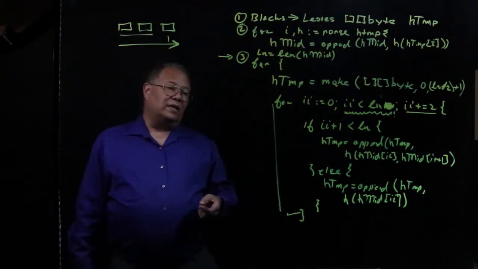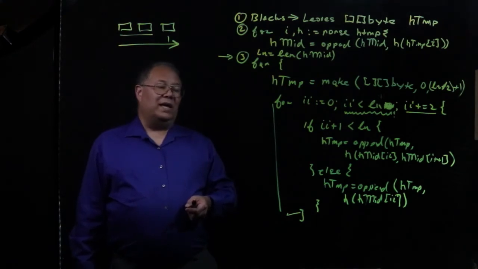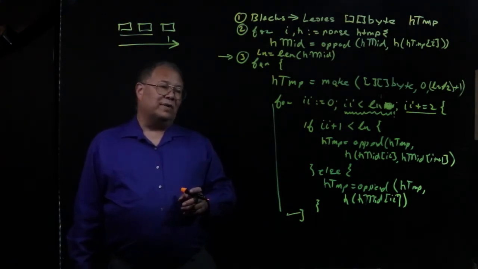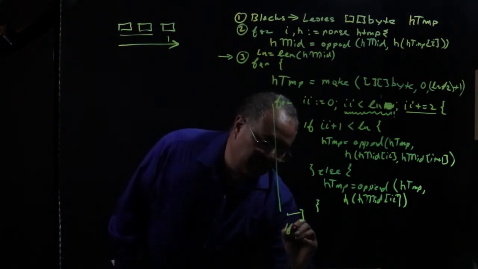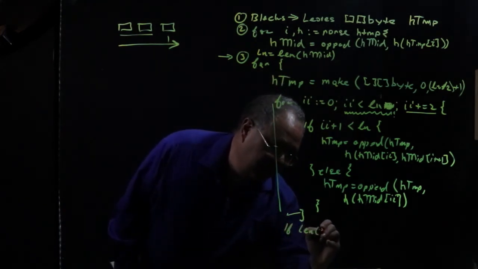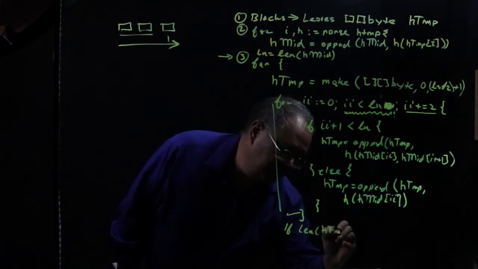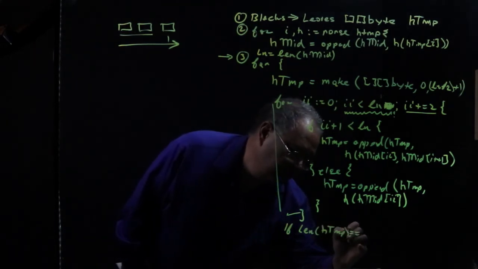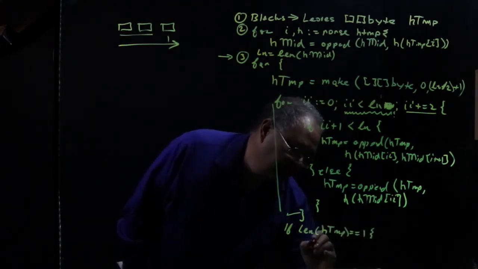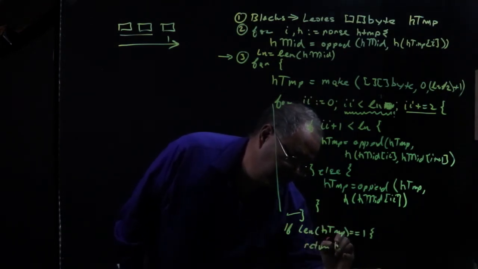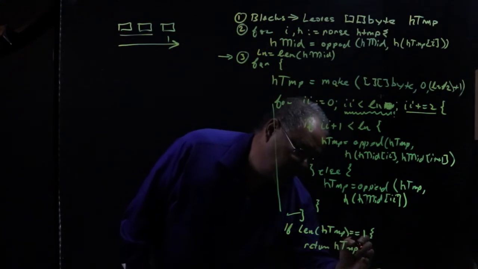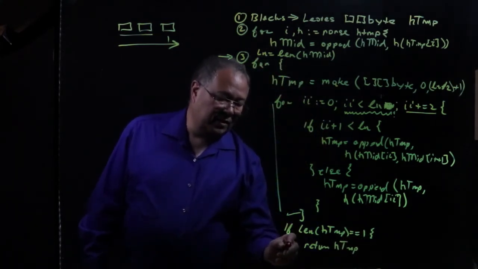Now, at this point, if we come out of the bottom and h temp's length is 1, that means we're actually done. So, if len of h temp is 1, we want to return h temp. We've finished. Okay?